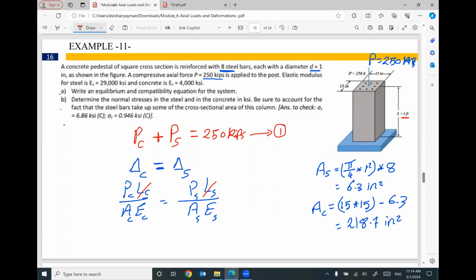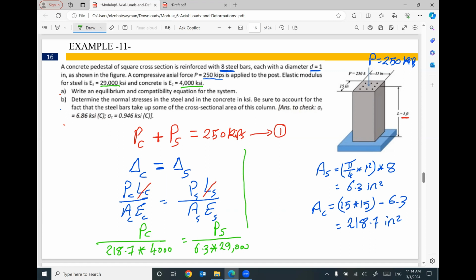So we have PC, I don't know how much, times area of concrete, which is 218.7, with Young's modulus of concrete given as 4,000 KSI, equal to PS, I don't know, times area of steel 6.3, times E, the Young's modulus of steel, which is given as 29,000 KSI.